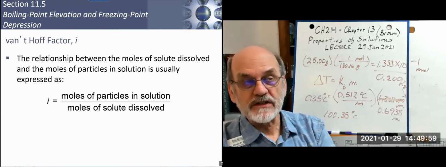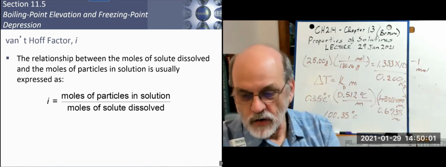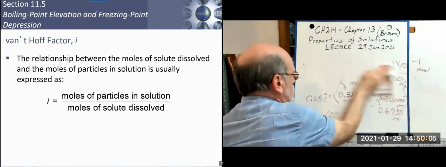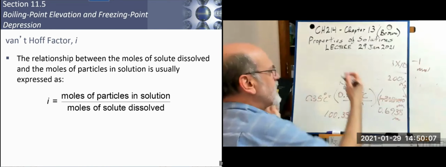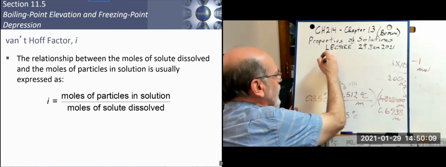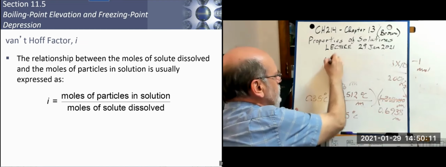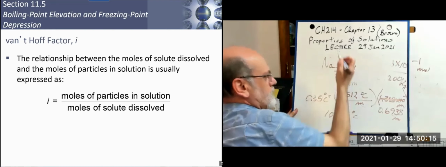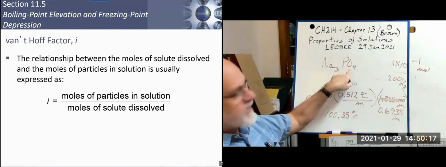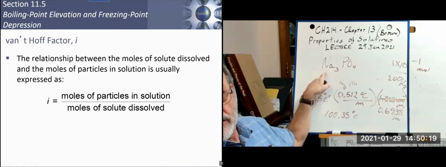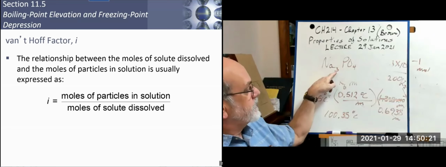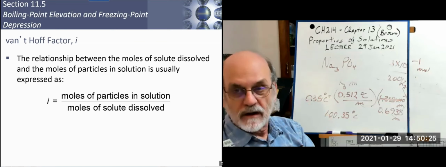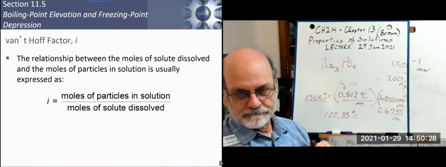Let's say we put, oh, here's a good one. Say we put sodium phosphate. There you go. Because that's a 3 minus charge, that's a 1 plus charge, and it dissociates into 3 plus 1 is 4. So the i would be 4 for that one, theoretically.